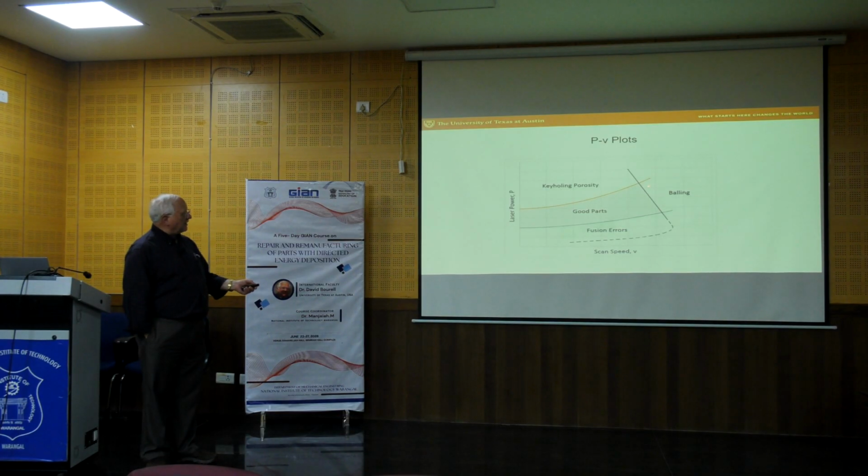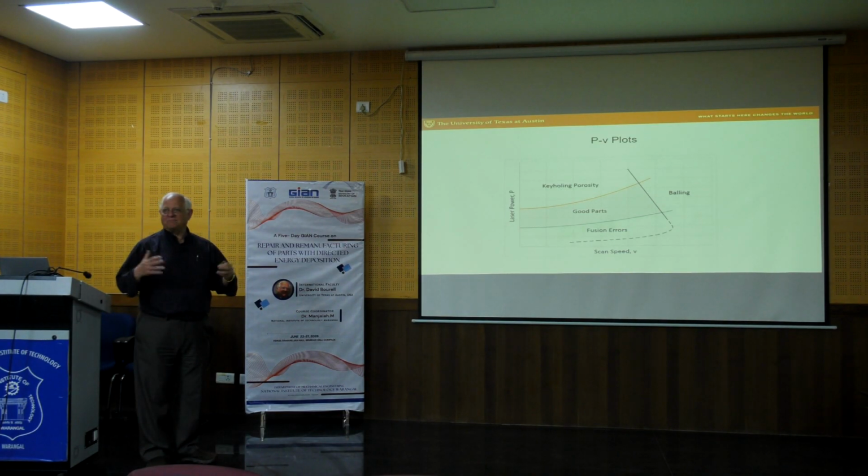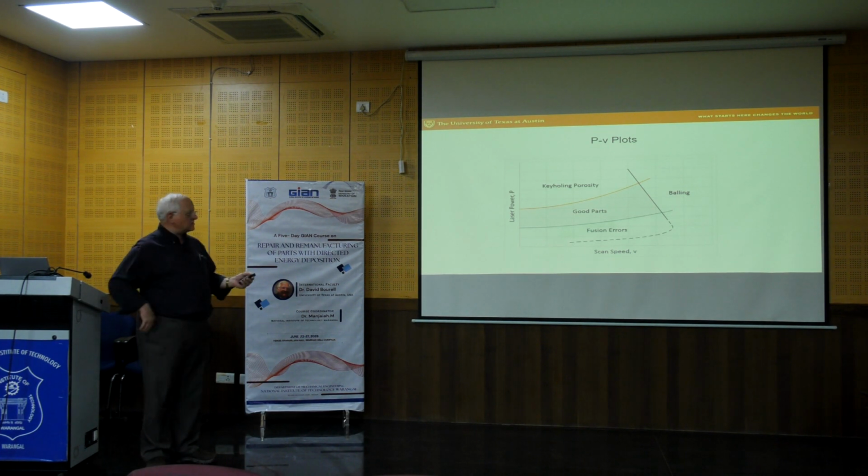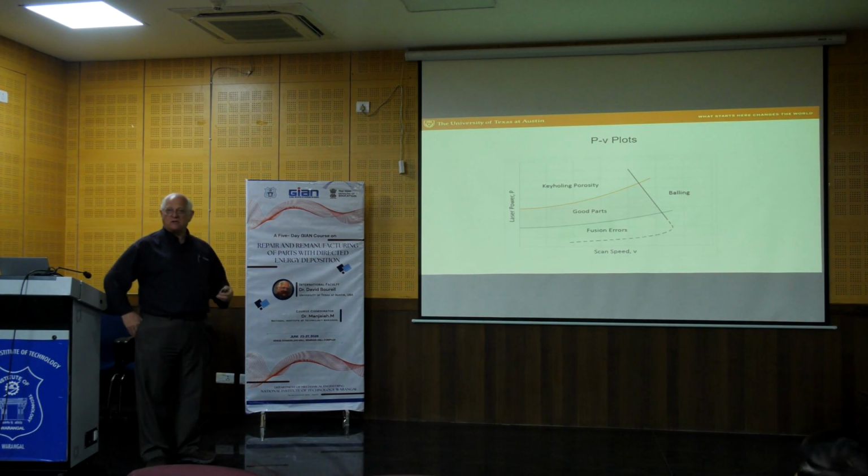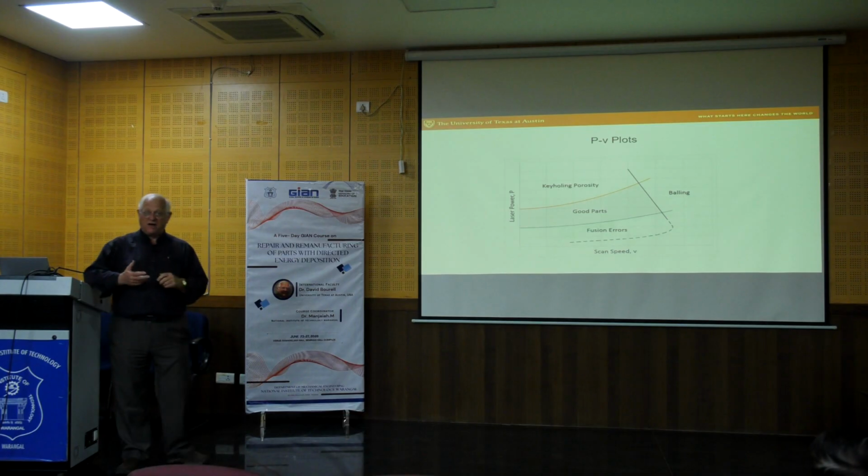I've seen this for many different materials and different processes. This is always the case. It always has this look. There's a central region here where we actually make good parts, and good can be defined by density, or by mechanical properties.